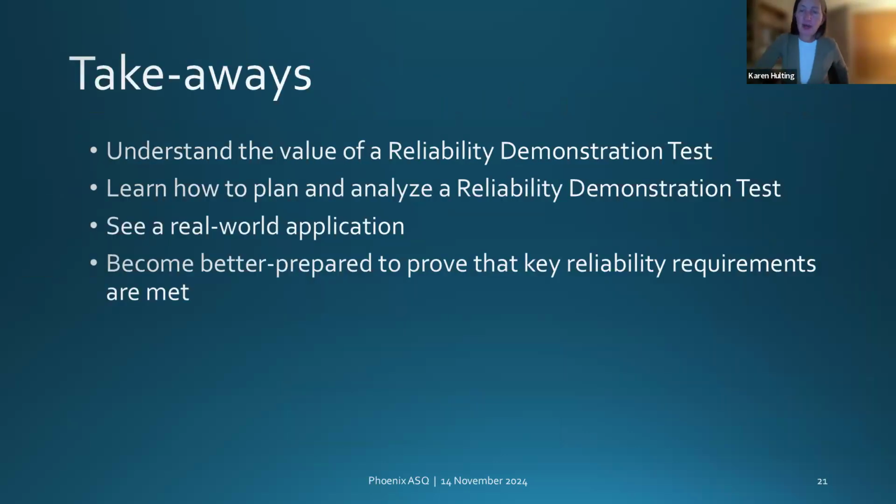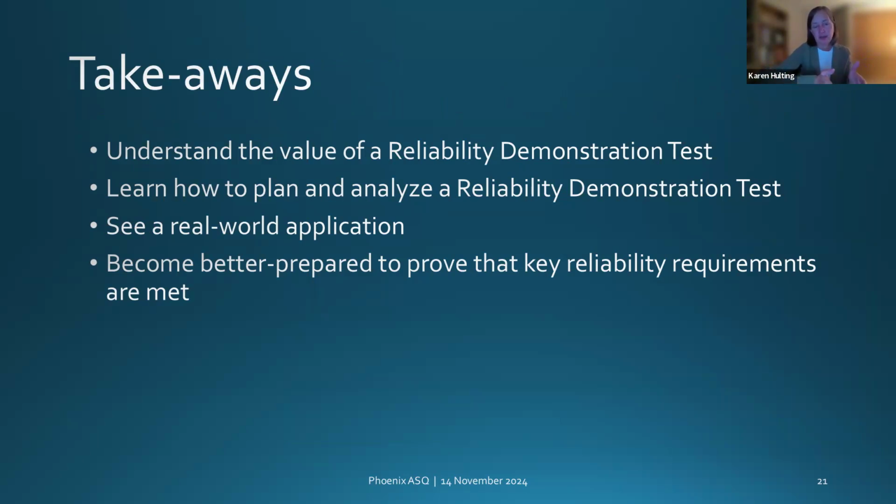Okay, so in this example, and kind of talking about how the reliability goals were set, at least in general terms, hopefully that gives you a case study of how you might be working on reliability demonstration.